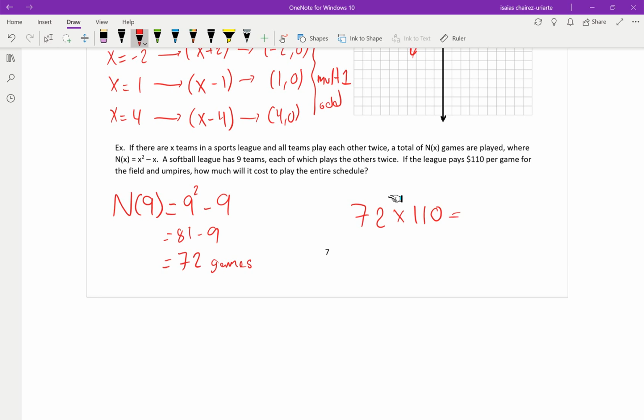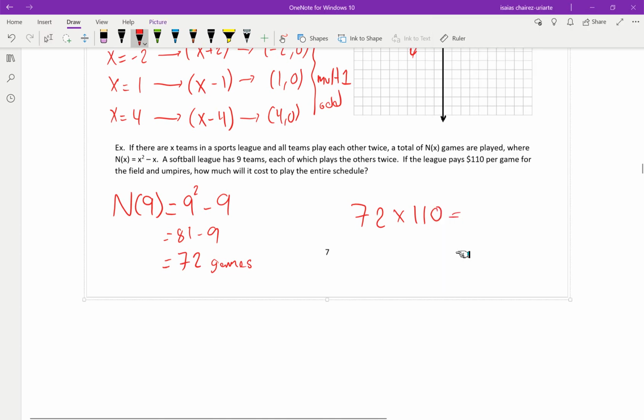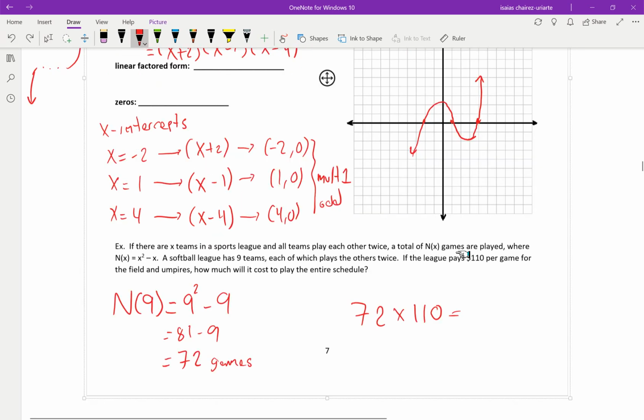So let's figure this out. 72 times 110 gives us 7,920. So $7,920.